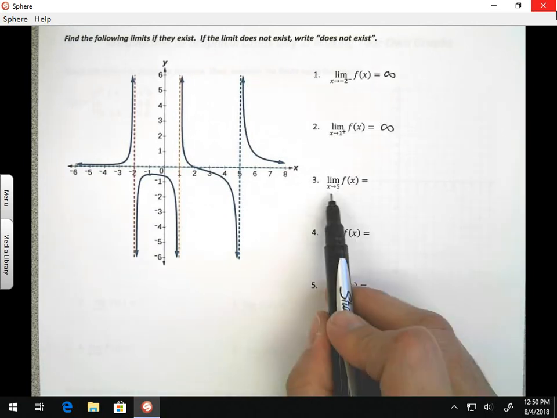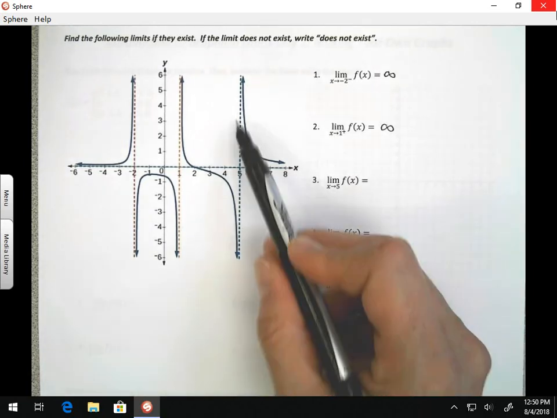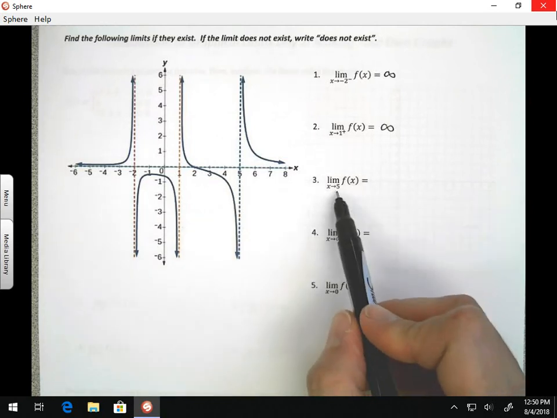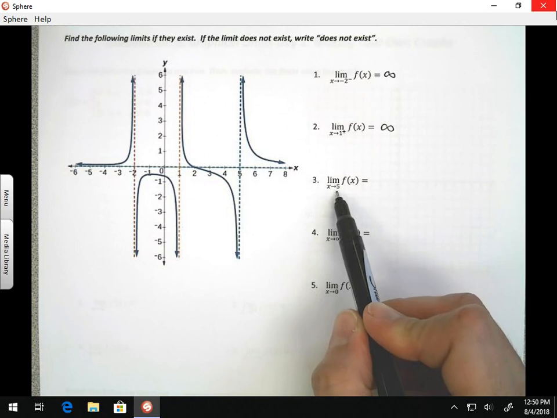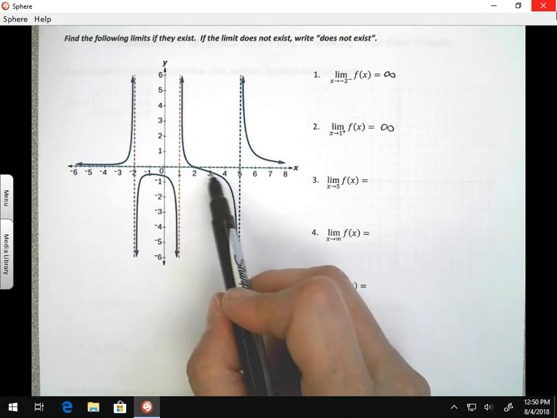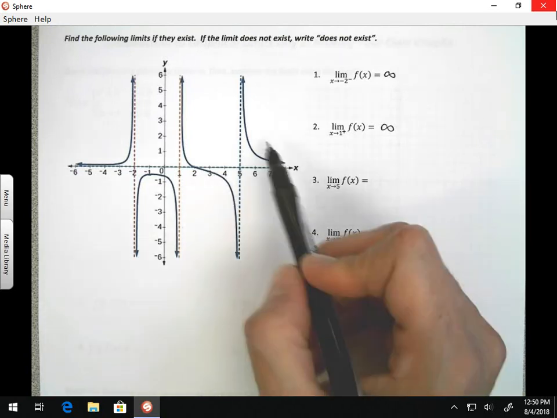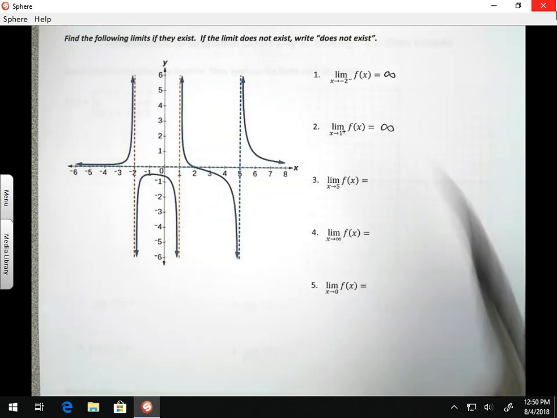Now, as x approaches 5, I'm again seeing that vertical asymptote, but here I have to be careful. This is the two-sided limit, so I have to consider both one-sided limits and decide if they're the same. Coming from the left, 5 is going down to negative infinity. 5 from the right is positive infinity.